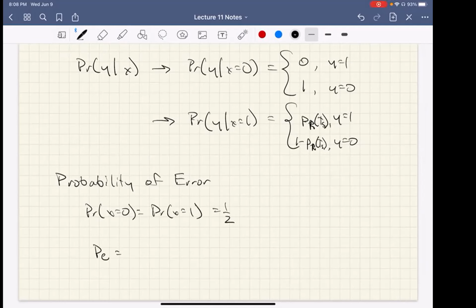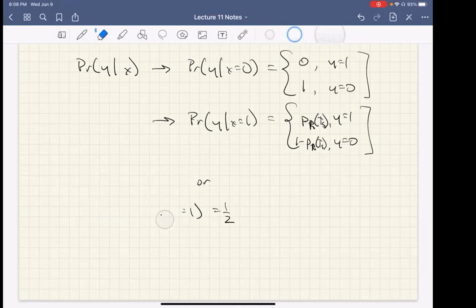We can see the decision rule very easily. So if nothing is observed, then we pick the greater of 1 or 1 minus PR of TS. So we naturally pick x equals 0. Actually, let's make this more explicit. The decision rule, maximum likelihood decision.